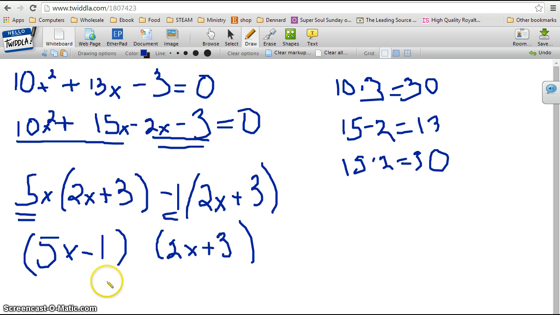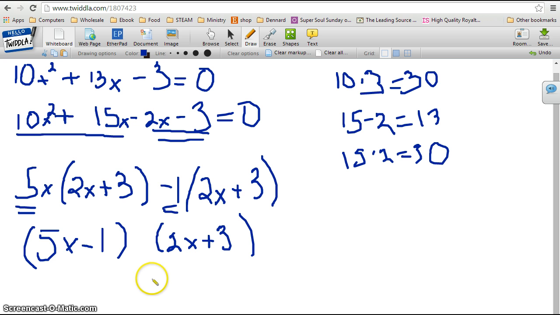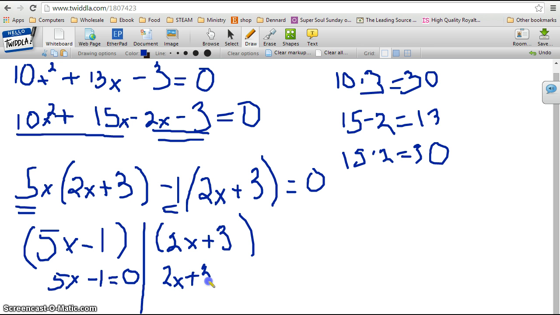You set both of these to 0 and you solve. I know you know how to set these to 0 and solve. So let me just set these to 0 here. 5x minus 1 equals 0, and then 2x plus 3 equals 0. All right? And then you just solve.